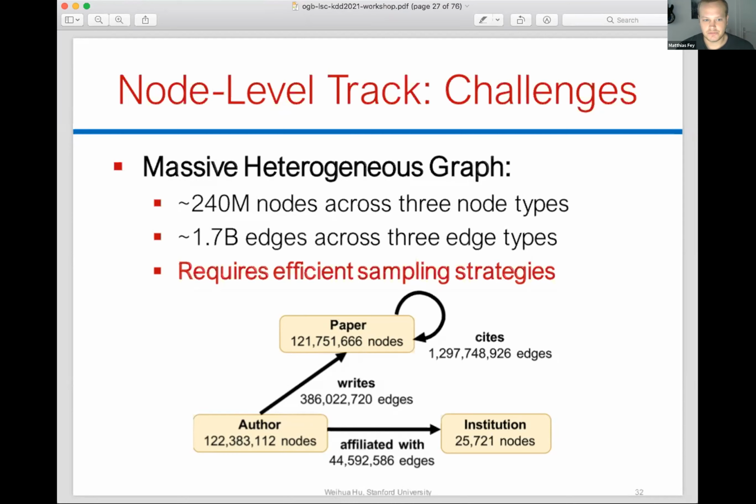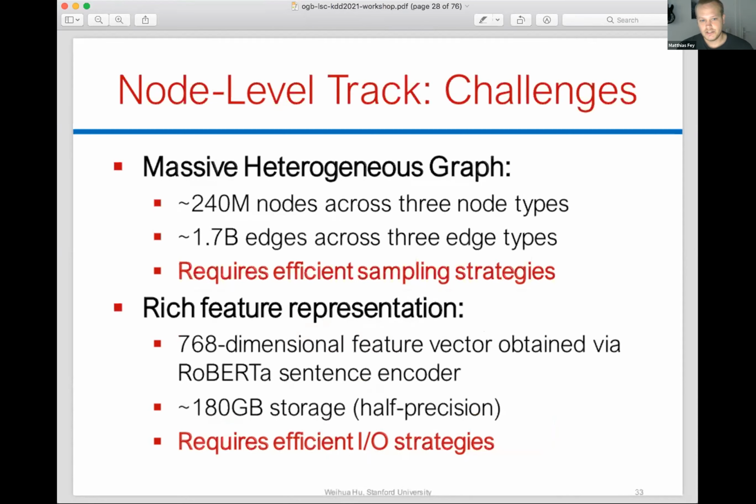This sheer amount of data alone is quite challenging to handle, and in fact is by far the largest graph node level data set out there. In particular, it requires efficient sampling strategies to train sophisticated GNN models. Furthermore, each paper node comes with a rich feature representation. In order to obtain the features for paper nodes, we use a RoBERTa sentence encoder that embeds paper titles and abstracts into a 768-dimensional feature vector.